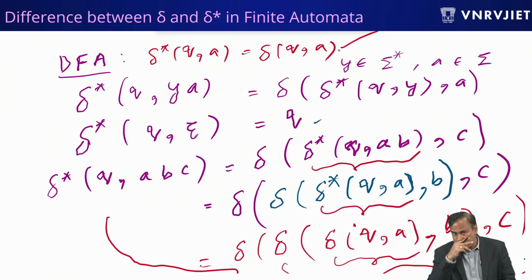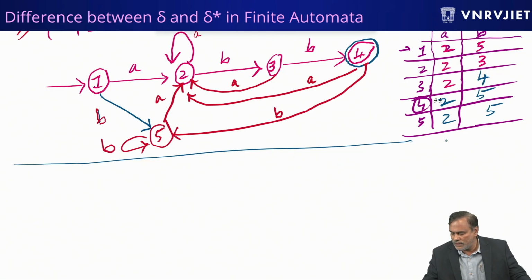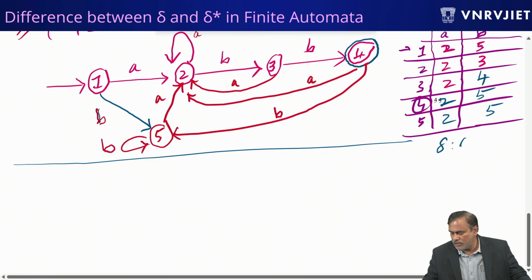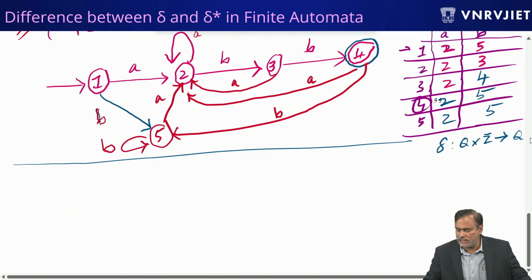For Y belongs to sigma star, and if it is followed by A, then we can find some difference. So delta star of QYA is delta of delta star of QY and then A. So first for the Y part you have to find delta star, and then for the A part you find delta. Being a DFA, delta is Q cross sigma gives Q, that is a set of states.